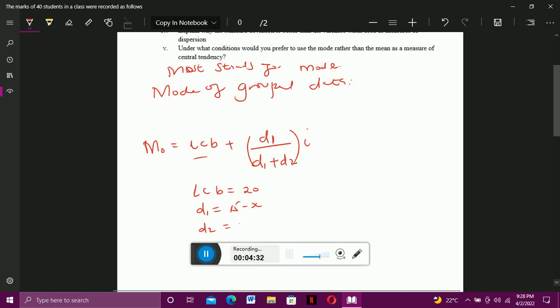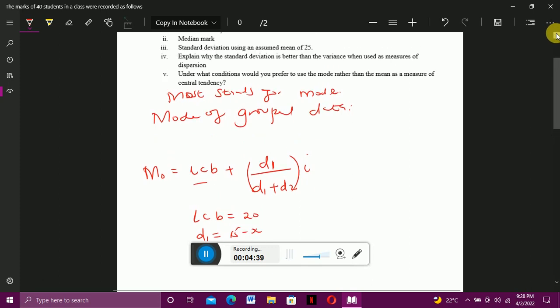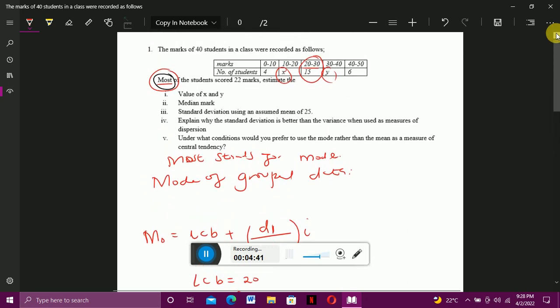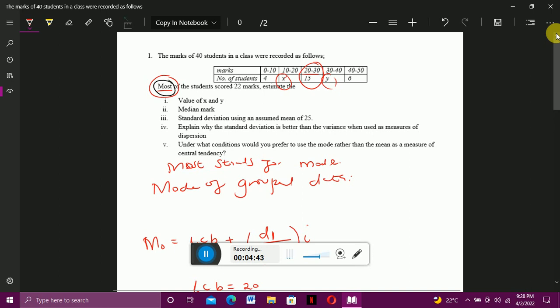D2 is 15 minus y. Let's look at that clearly. Yes, the modal class frequency is 15. The frequency of the lower class is x. The frequency of the higher class is y. So we are okay as far as D1 and D2 are concerned.